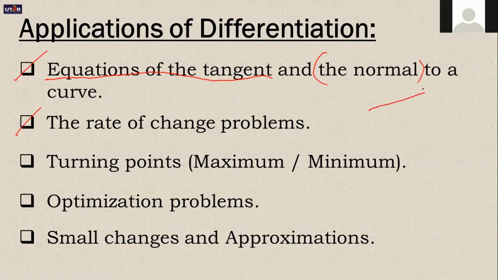What about the normal? We know that the normal is perpendicular to the tangent, right? So if this is a tangent line, the normal line will be perpendicular to the tangent line. So this is the normal line.